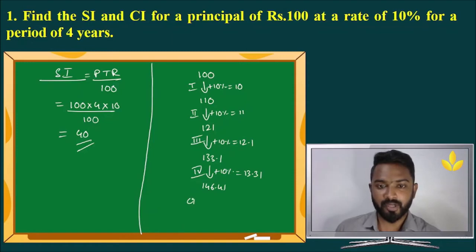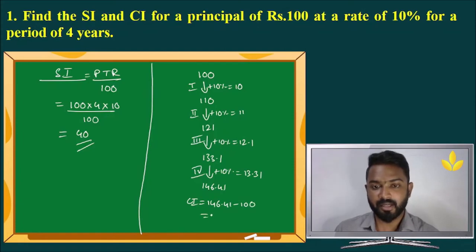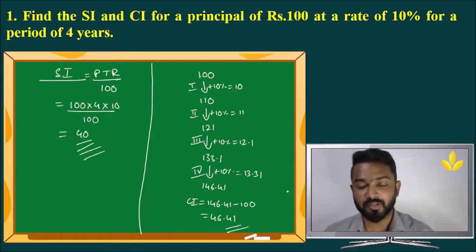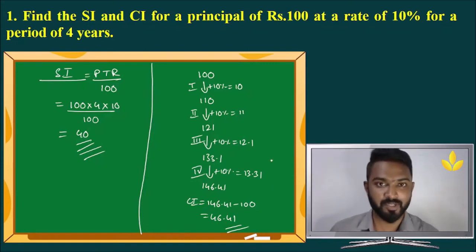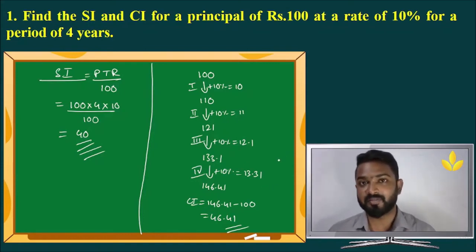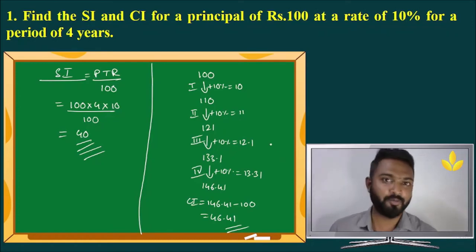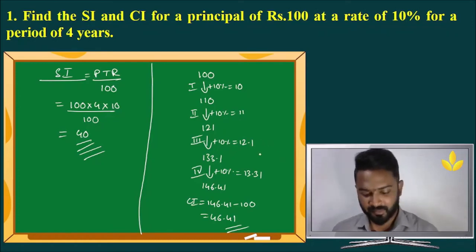So the compound interest is 146.41 minus 100, that is 46.41. So for the same data, simple interest was 40, compound interest was 46.41. So obviously compounding is a better deal when it comes to investments. That is why compound interest is very famously known as the eighth wonder of the world. Let's move on.